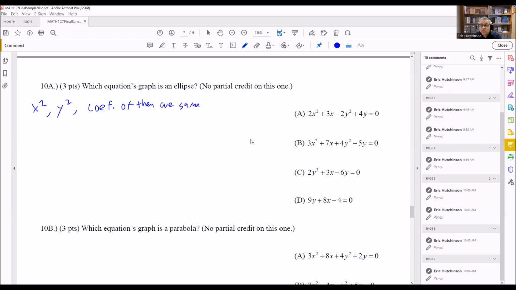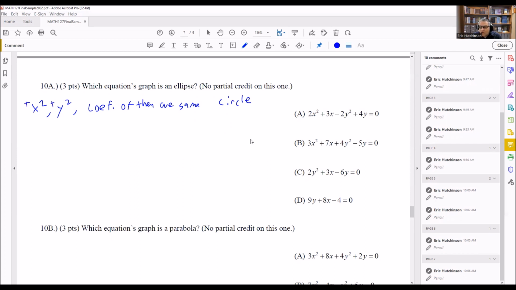Okay, so if you have an x squared and a y squared, and both the numbers in front of the x squared and the y squared are the same, then what we have is a circle. And of course, it's where they're both positive, so plus and plus, you have a circle.